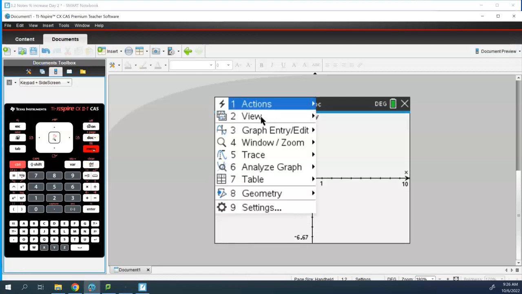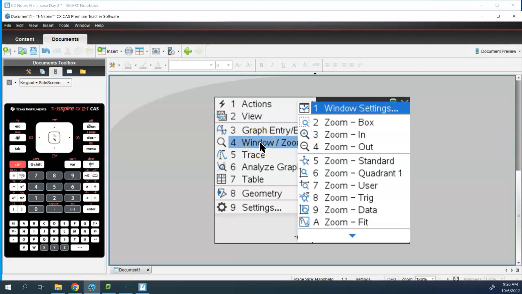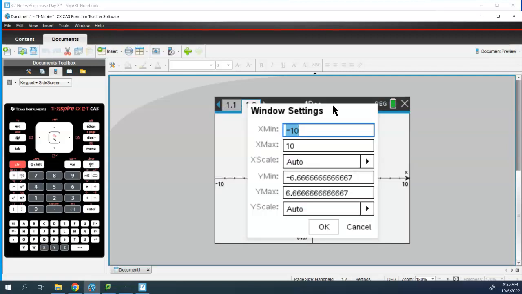Menu. Which one do you think? If I want to adjust my window settings. Window/zoom. Which one do you think I'm going to want to go for? Window settings.